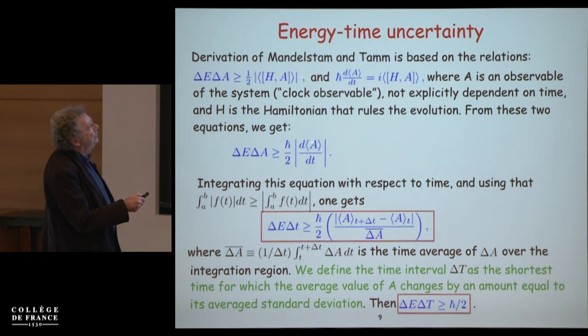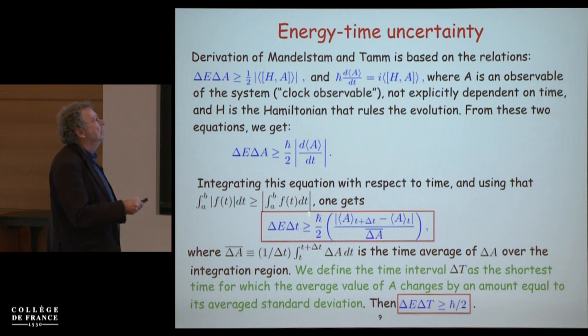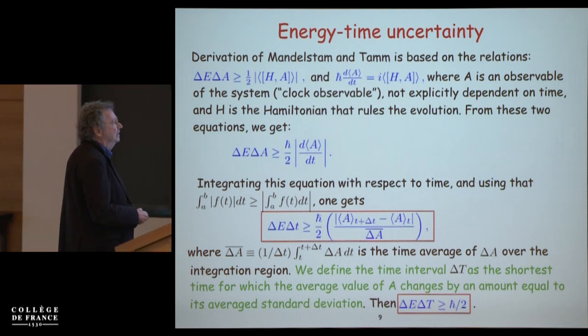This is just the integration of the derivative of the average with respect to time, divided by this delta A bar, and delta A bar is just the time average of delta A over the integration region. So we have delta T here, and therefore delta T here as well. Okay, so just integrate that, and you get that.